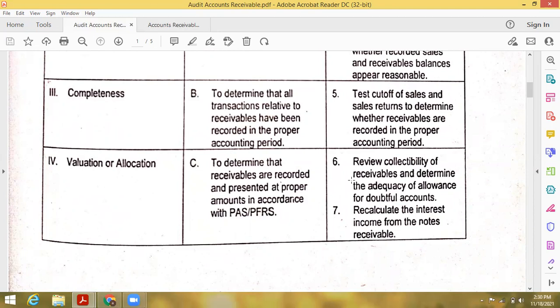Yung receivable minus allowances, yun yung trade receivables, which is according to the PFRS yun. So ngayon, i-check ngayon, tama ba yung ginawa, minus ba? Tama ba yung pag-set up niya ng allowance for doubtful account? So another is to recalculate the interest income from notes receivable.